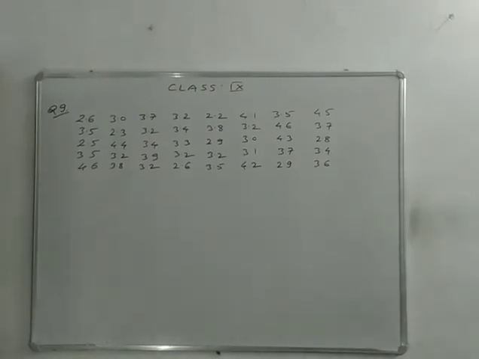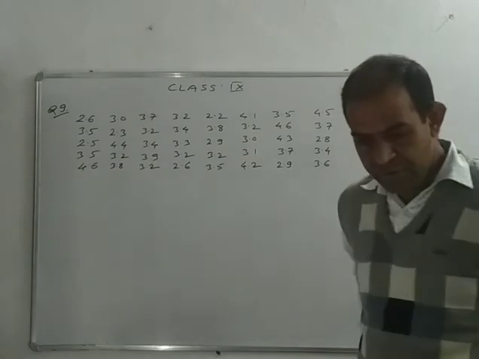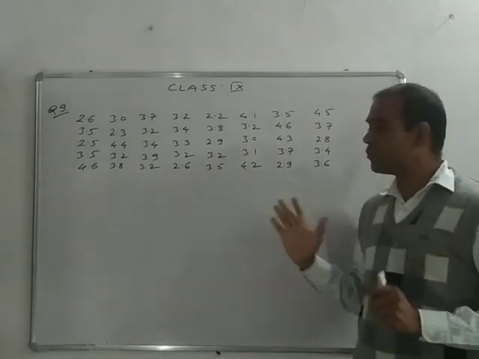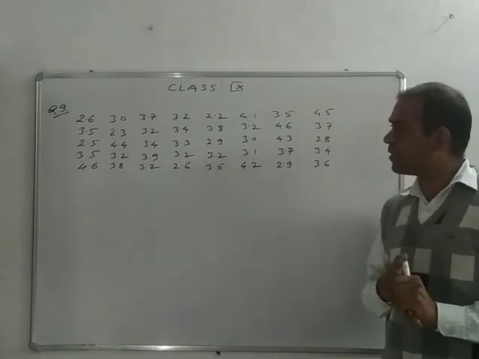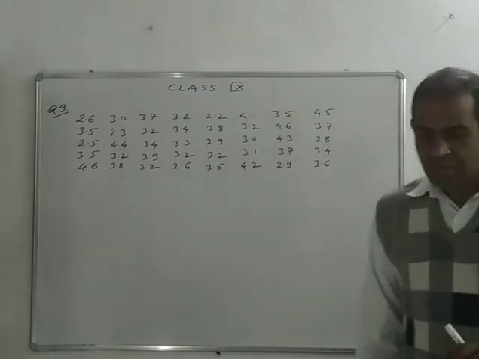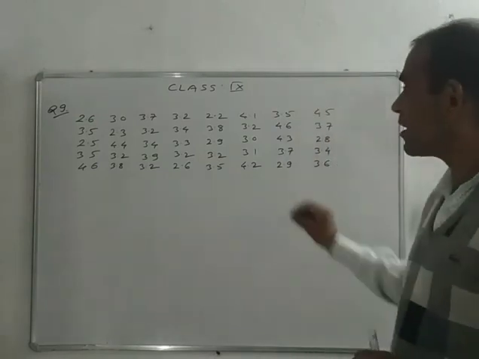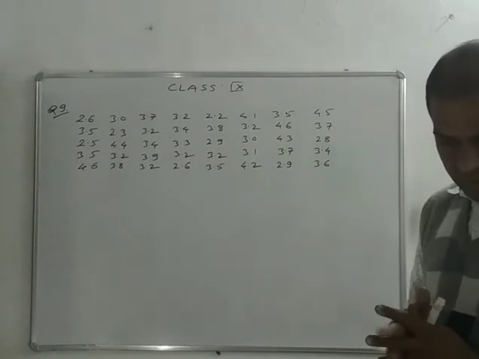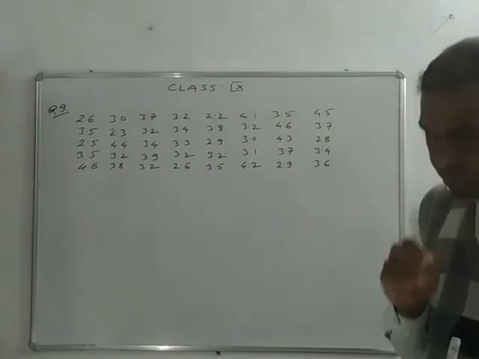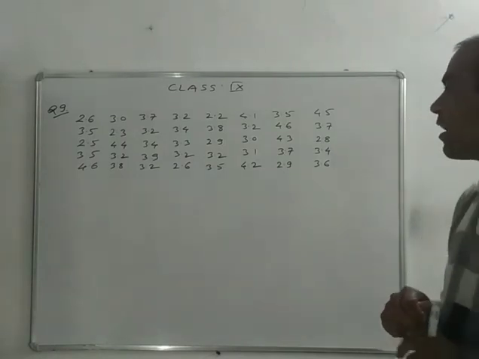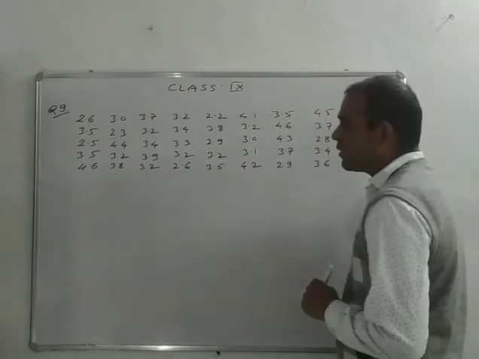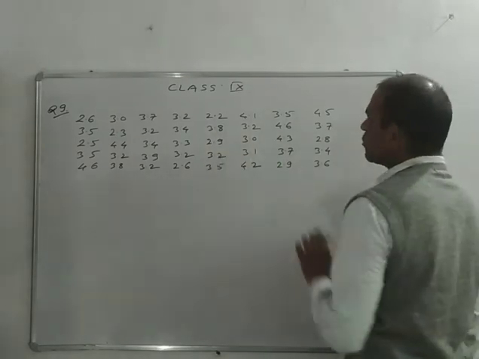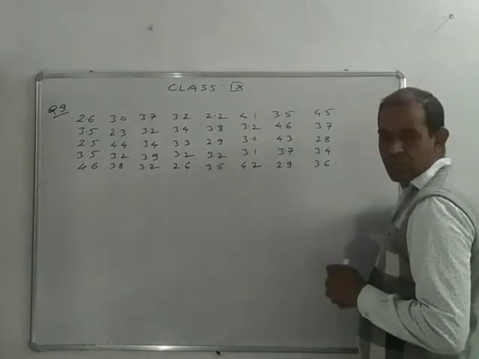This is the last question of this exercise, exercise 14.2, and this exercise is related only to the frequency distribution table. Here the life of the car batteries is given in years, and make a grouped frequency distribution table using the class interval 2 to 2.5. Here the class size is 0.5. So we start from 2.